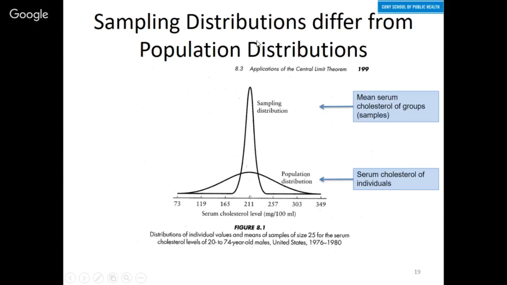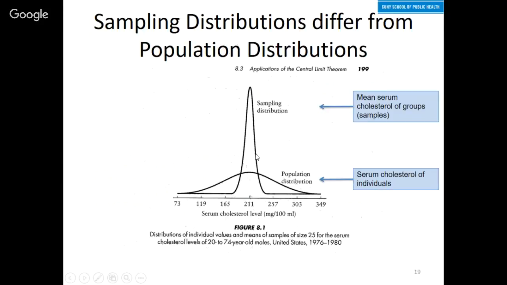We know they differ from population distributions. So in this example of serum cholesterol with a population mean of 211 and a standard deviation of, I don't know, about 30, something like that, these are the means taken from samples of size 25, and it looks like this.